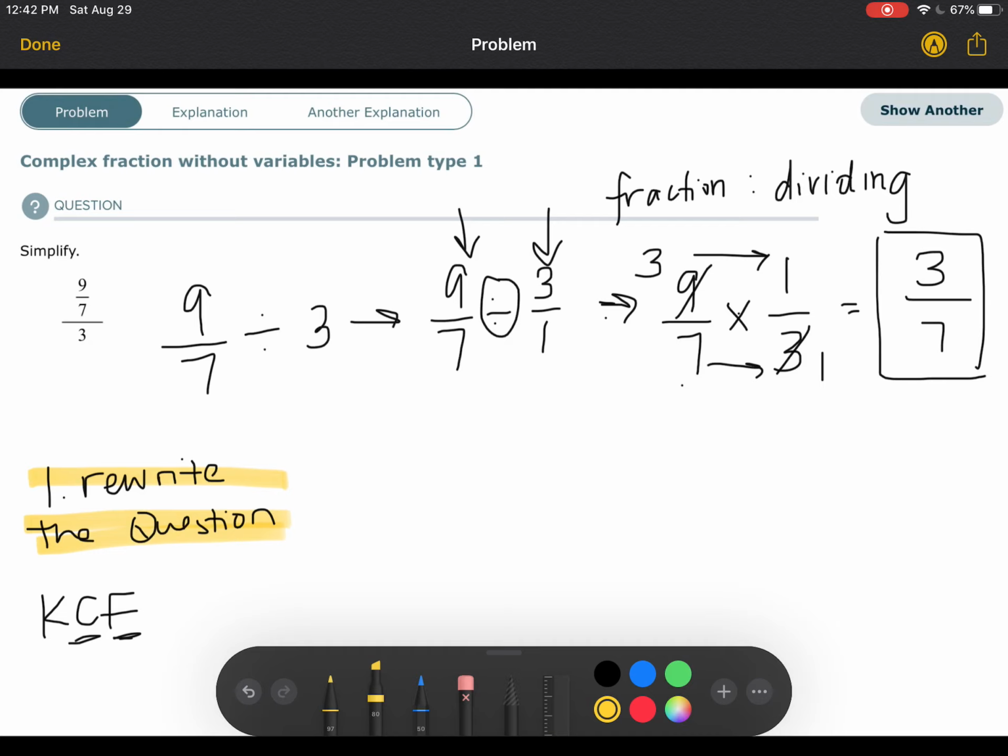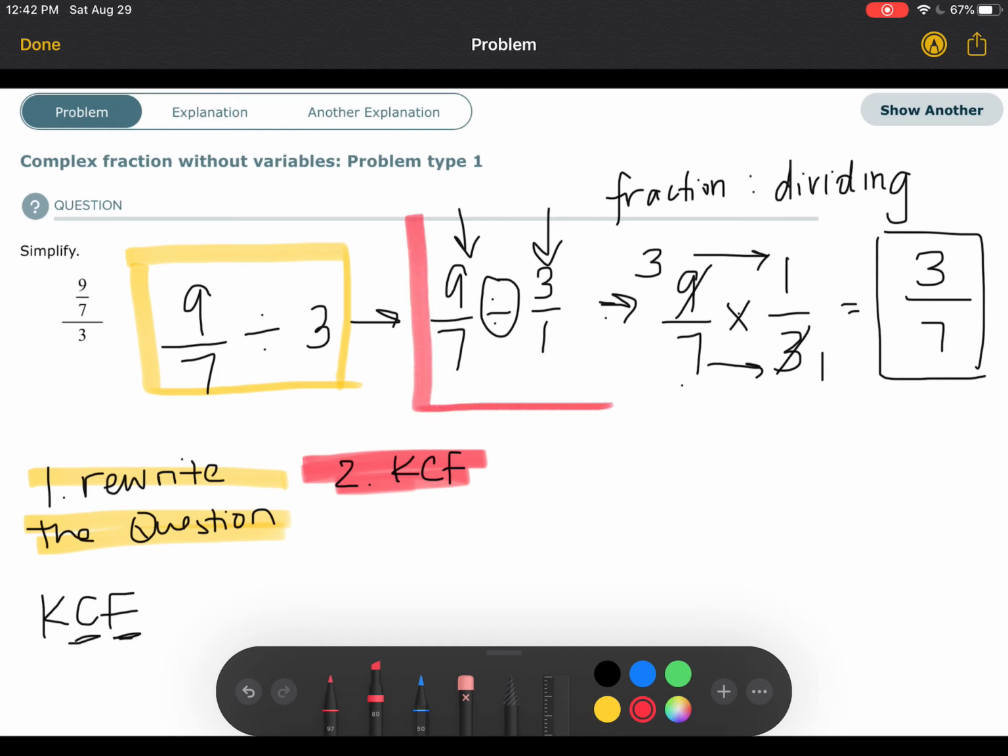So this is me rewriting the question. The second thing I'm going to tell you to do is keep, change, flip. I'm going to put this in red. Sorry, y'all, I keep doing that wrong. This is the keep, change, flip right there.